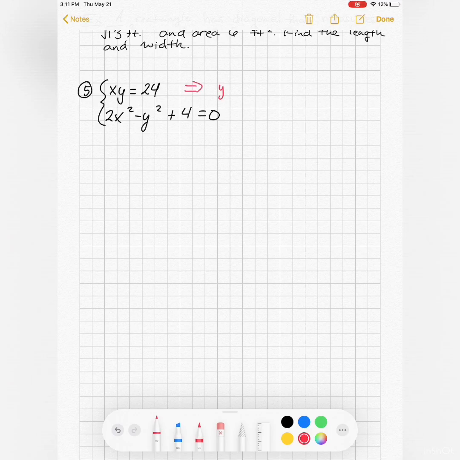So if I solve the top equation for y, that's going to be 24 divided by x. Then I'm going to substitute that in, so I'll have 2x squared. And then I'll have 24 divided by x squared. So now I need to square the top and the bottom.